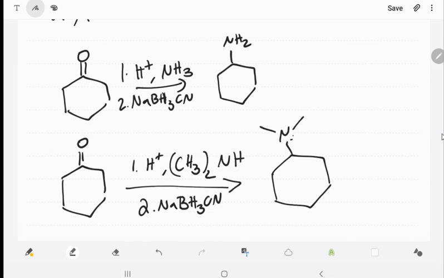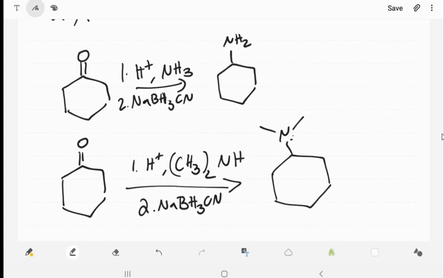Ta-da! So you can make very different kinds of amines here. So using reductive amination will work nicely, depending on what you have already.